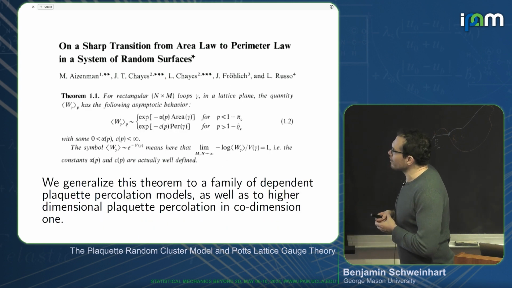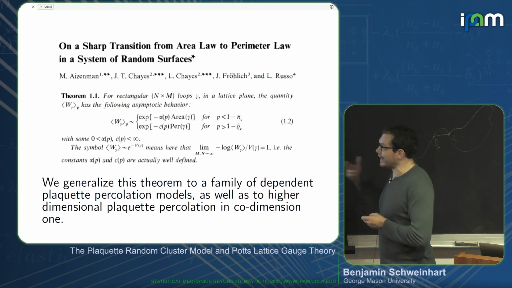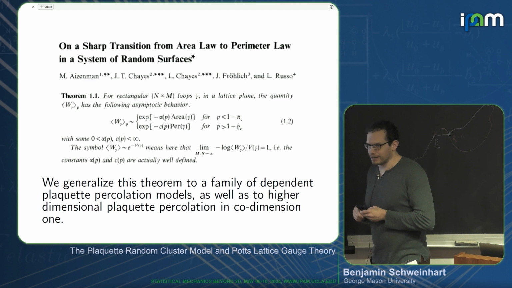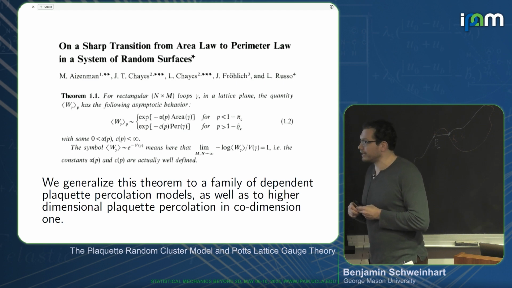So their main theorem showed that there was a sharp phase transition for the asymptotic behavior of this random variable. To be specific, in the subcritical plaquette percolation regime, this is where your probability p is less than 1 minus the critical probability of bond percolation on the integer lattice Z^3. These arguments are done via a duality argument with bond percolation on Z^3.